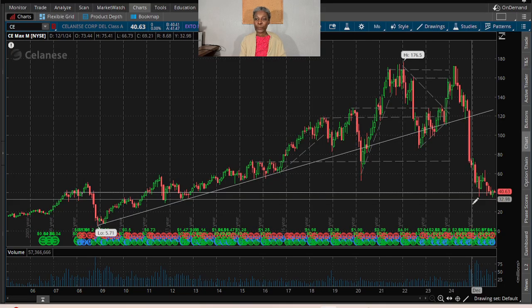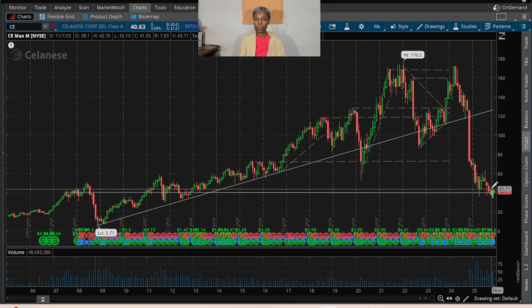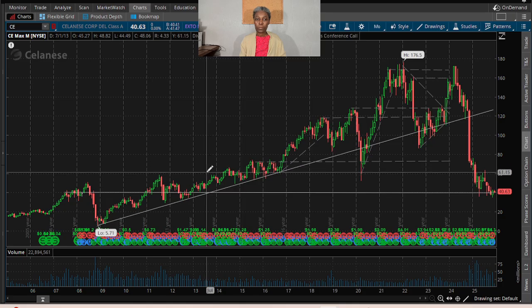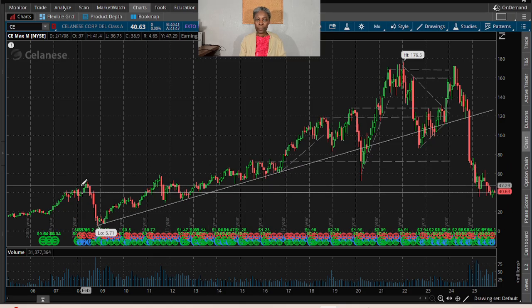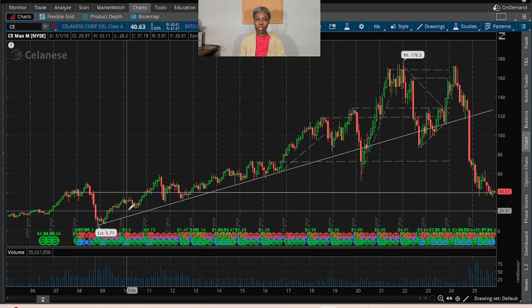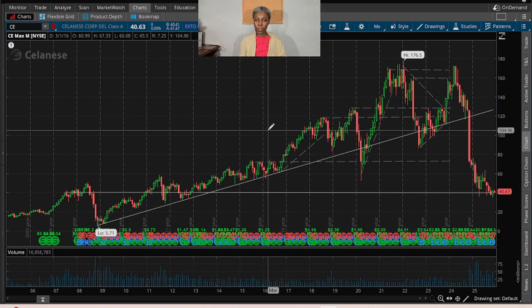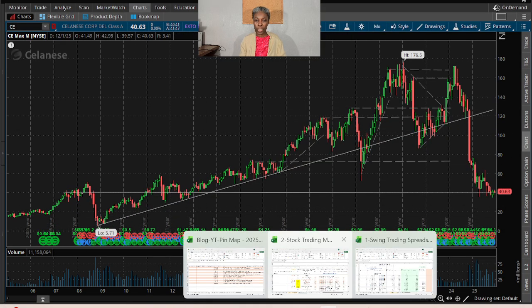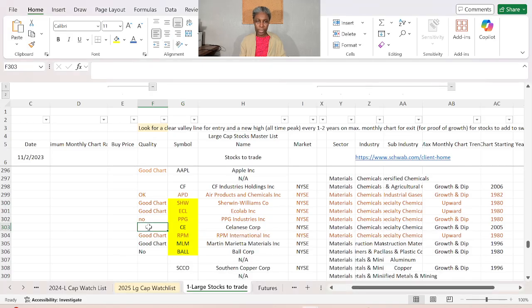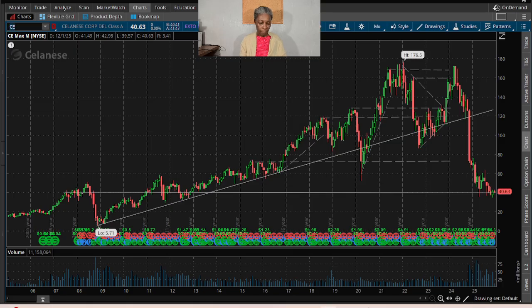If you like it, it's right there where you can buy some, but yeah, it took some years to grow. But anyway, that is a no for the time being for this one as well. It's not respecting an upward trend line. The next one is RPM.